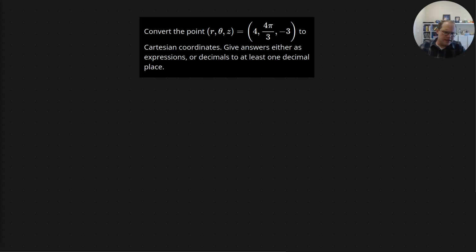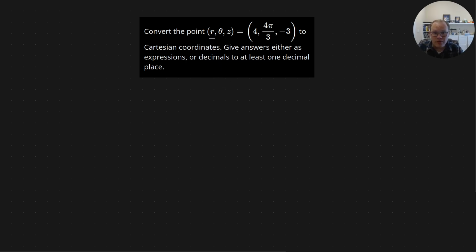Let's take a look at an example. We want to convert this point here, which is given in cylindrical coordinates, to Cartesian coordinates. Cartesian coordinates is another way to talk about rectangular coordinates. So r, theta, z, how do I know these are cylindrical coordinates?